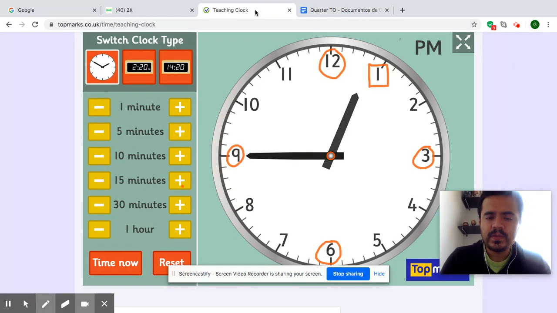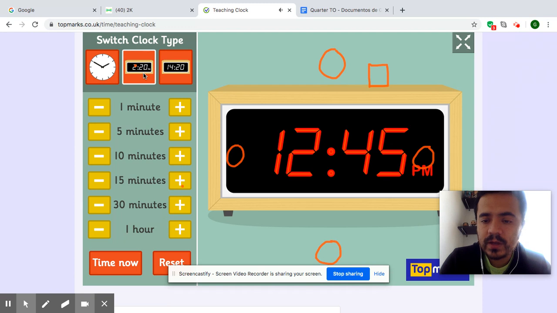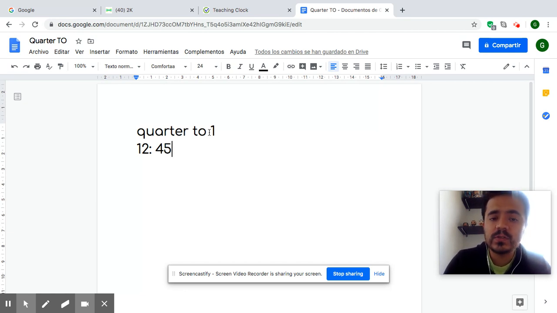Okay, now, there it is. That's how you write it. Even though I have to write the 12, my two dots, and the 45, I am still reading it quarter to 1. Quarter to 1. And it's really important that you guys practice this a lot.